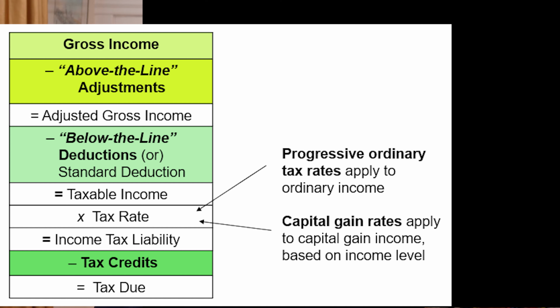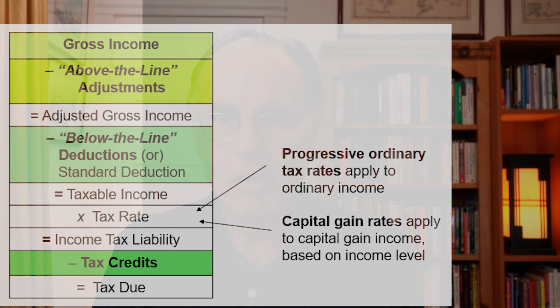Short-term capital gain rates are applied to your short-term capital gains, and long-term capital gain rates are applied to your long-term capital gains. The sum of those 3 calculations equal your income tax liability.